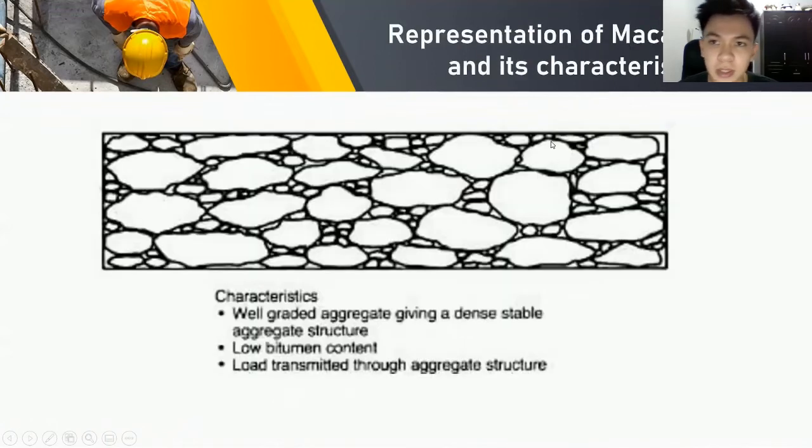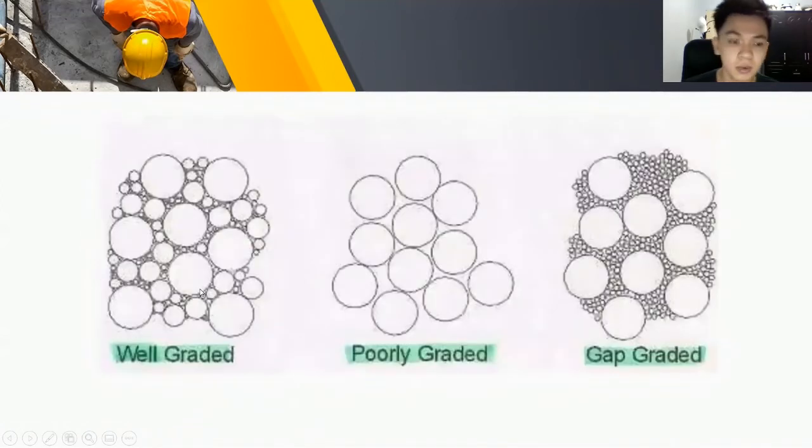So, ito naman si McAdam mix. Nakita nyo, medyo wala nang masyadong bitumen dyan. So, well-graded aggregate giving it a stable aggregate structure. Pag sinabi nating well-graded aggregate, ito yung structure niya.